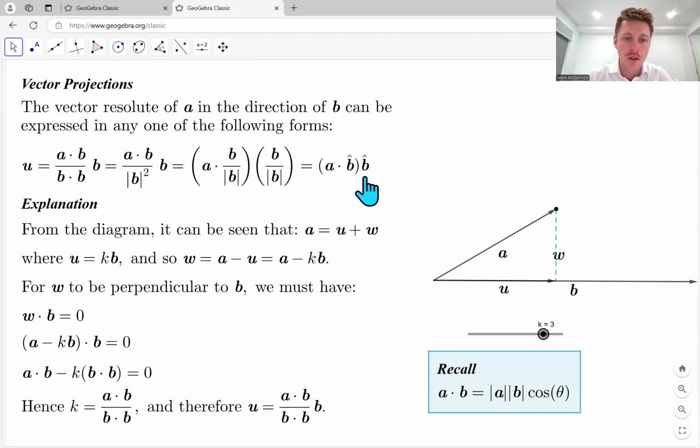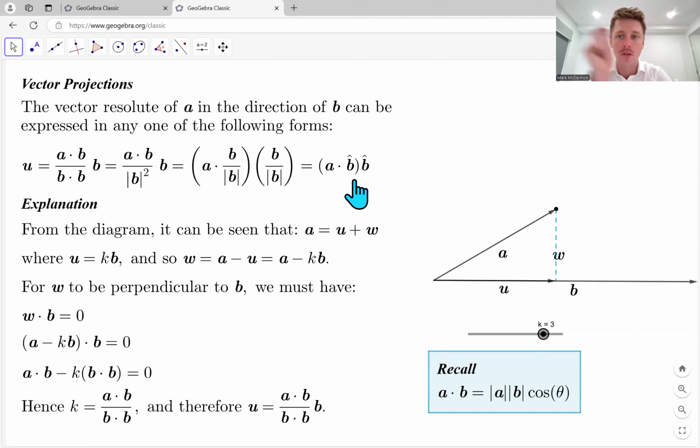So if we think about it, this whole thing is what's called the vector resolute, but this little part here is what's called the scalar resolute, because this tells us the signed length of the vector.